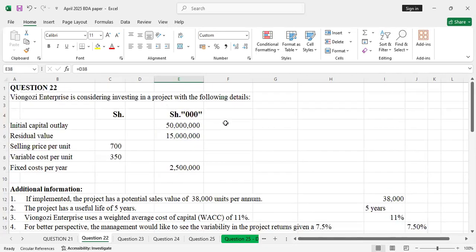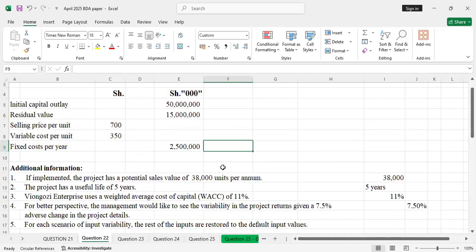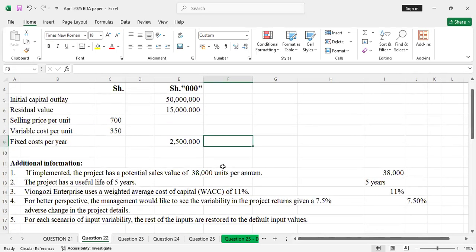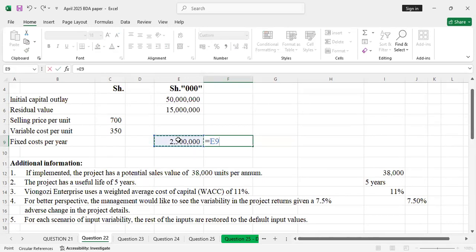Because this is too much. They having 2.5, you add that, like now if you have this times 1,000, that's too much for me.